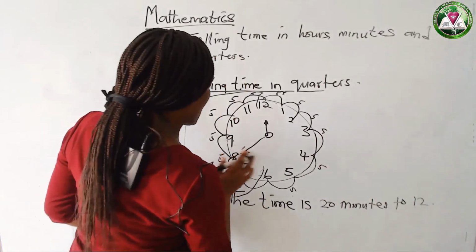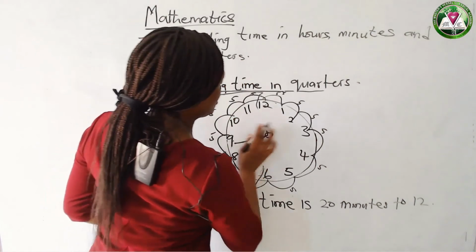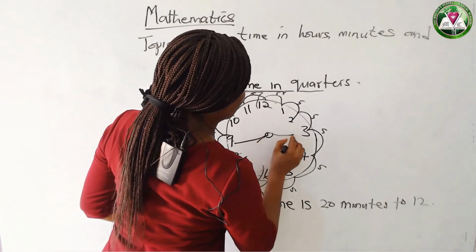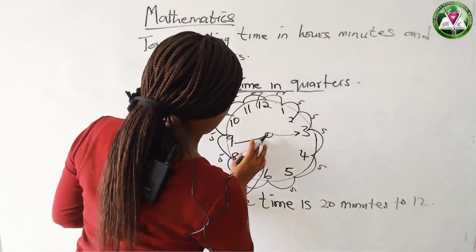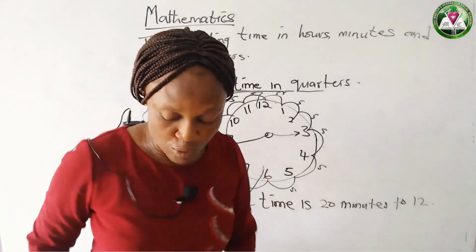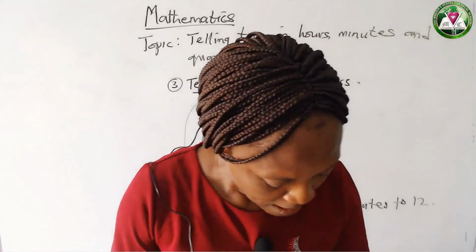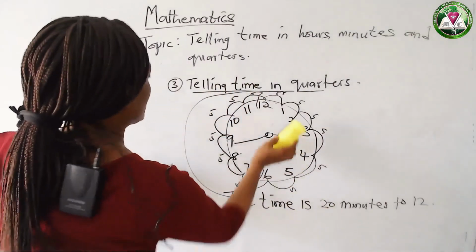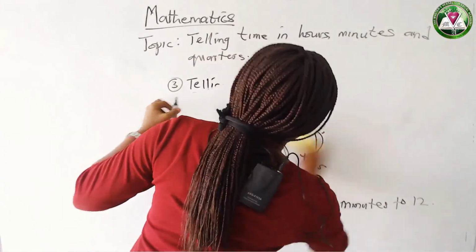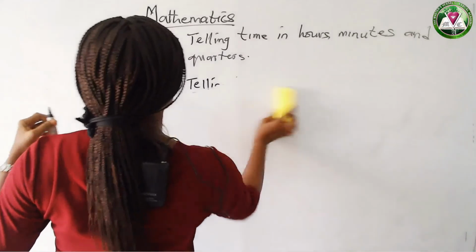Assuming the long hand is at 9 and the short one is getting to 3, the time becomes quarter to 3. So I would like you to write down this assignment, which you should do in our next lesson. We'll now go through it.